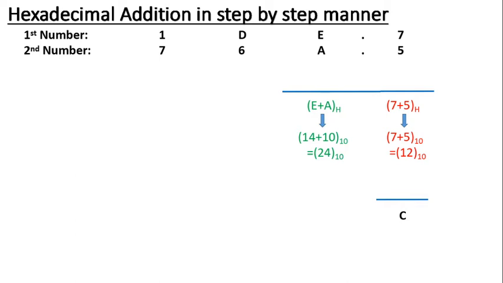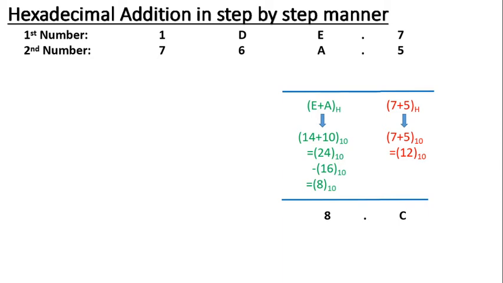By the downward arrow, E and A are expressed in their decimal equivalents, 14 plus 10 decimal, which is equal to 24 decimal. And 24 is not expressible in a single hexadecimal digit, so the base of 16 is to be subtracted now. So here is that corresponding step.